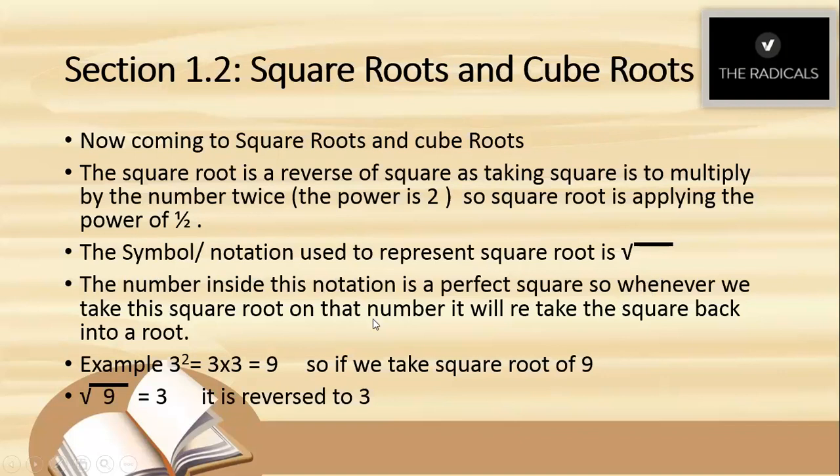The number inside this notation is a perfect square, so whenever we take the square root of that number, it takes the square back into a root. For example, 3 square means 3 multiplied by 3, which is equal to 9, so 9 is called a perfect square of 3. Then we take the radical sign, or the square root sign, on 9 and it will reverse it back into 3.